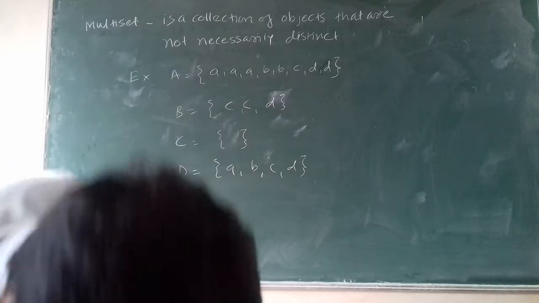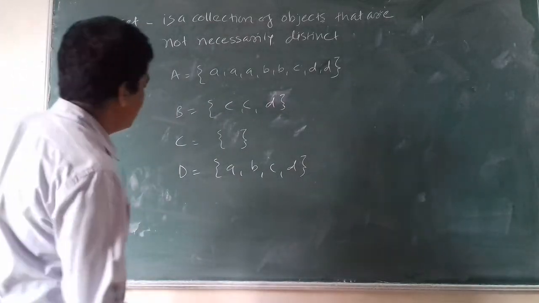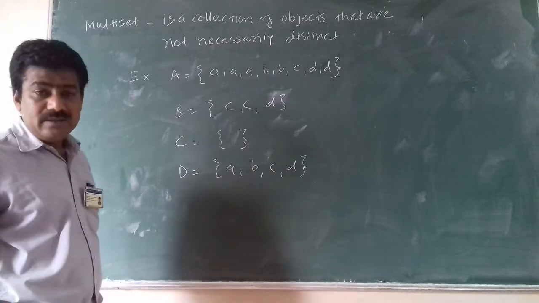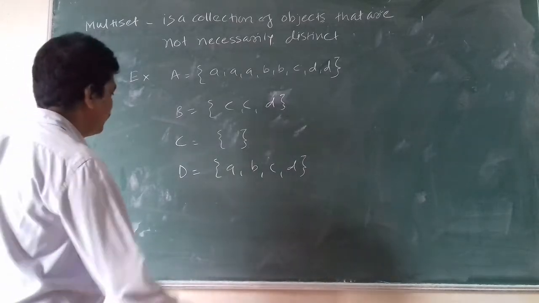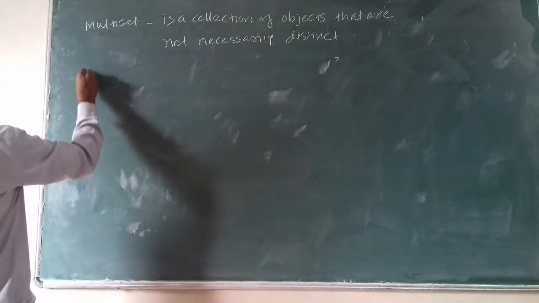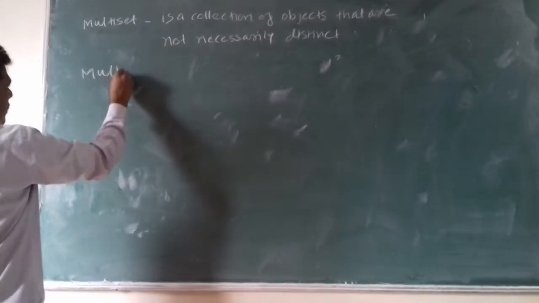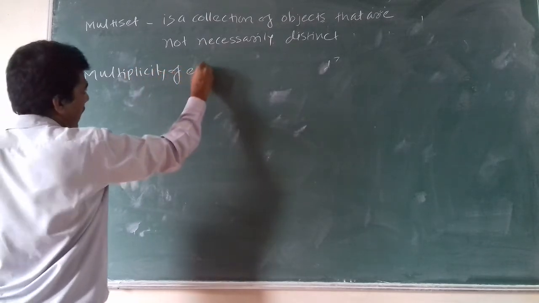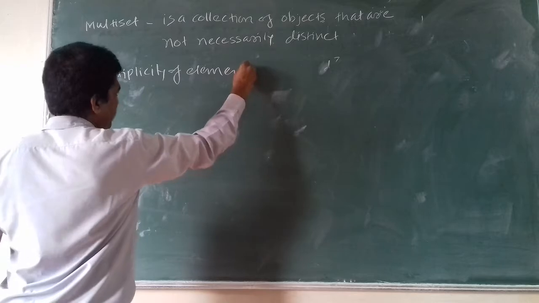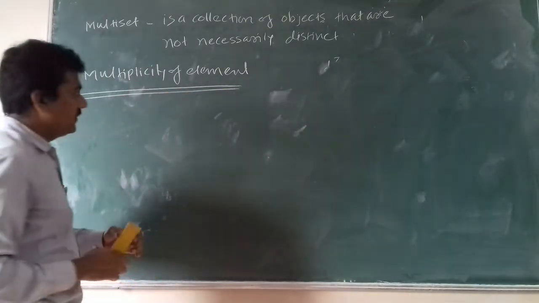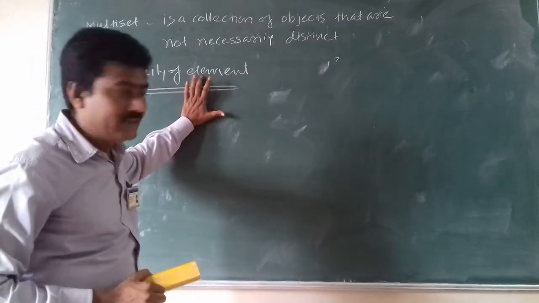Now the next concept is the multiplicity of the elements, the multiplicity of an element in a multiset. It's not the multiplicity of the set; it's with respect to the elements in a multiset.